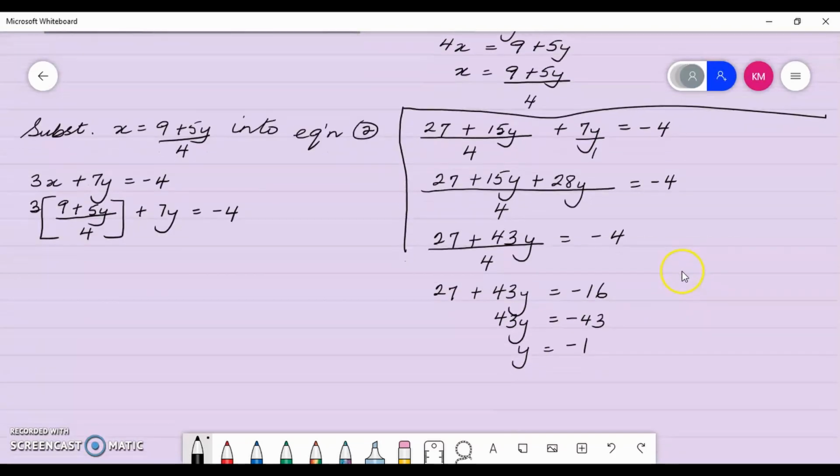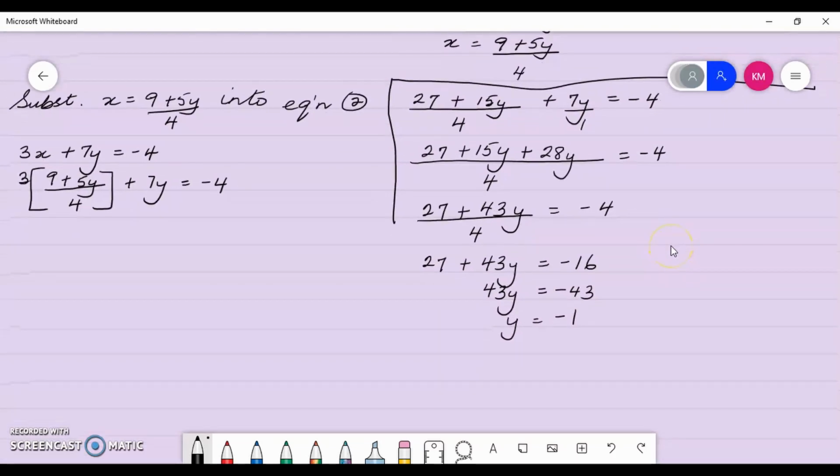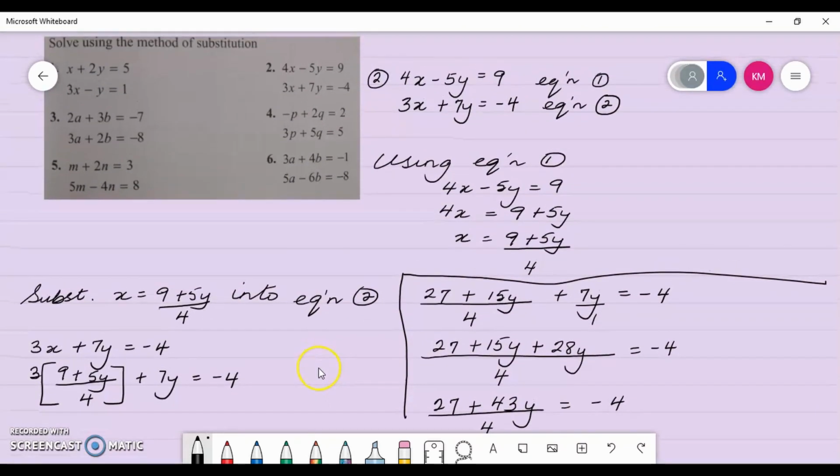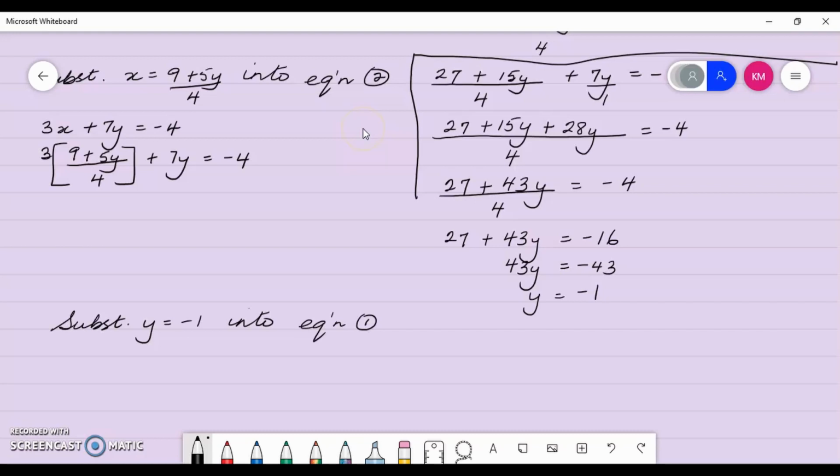Now remember, it's a simultaneous equation. I have only solved for y, so what I'm going to do is substitute that value for y, which is negative 1, into any one of the equations. I'm going to use equation 1. So if I go back up, my equation 1 is 4x take away 5y equals 9. Now I know my value of y.